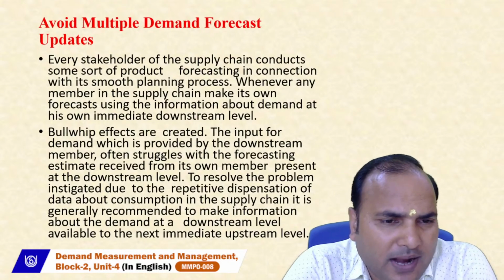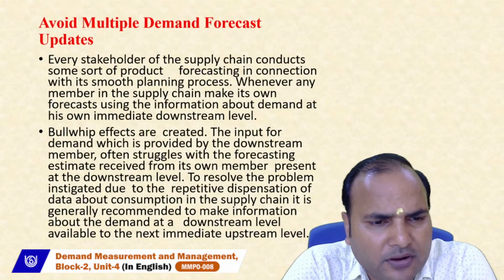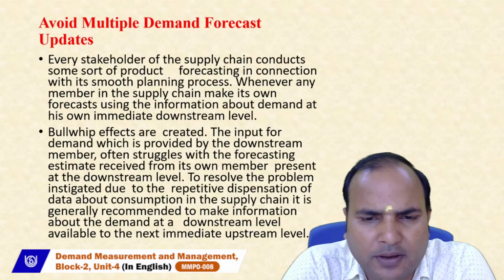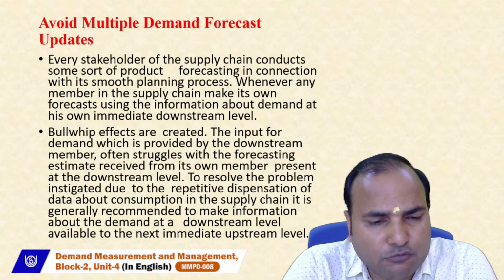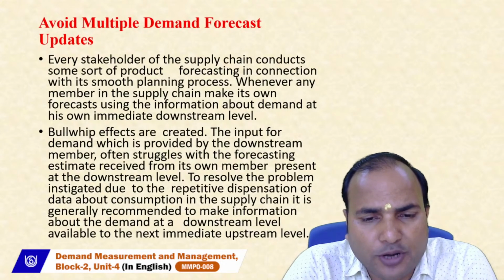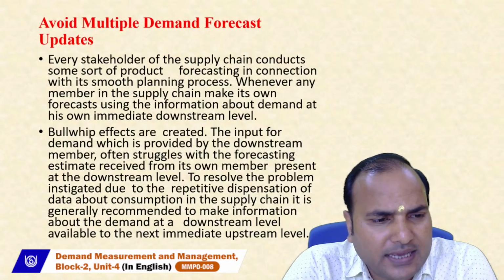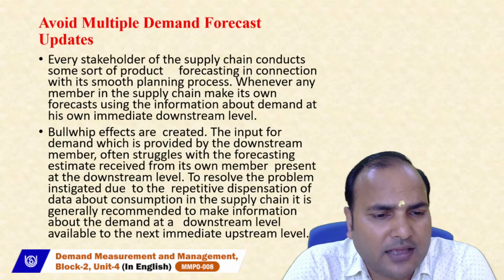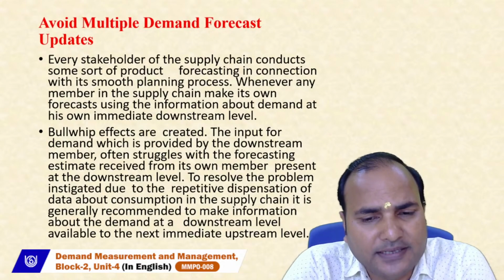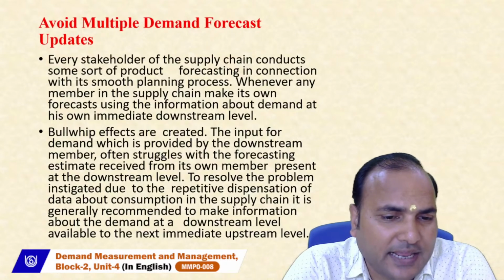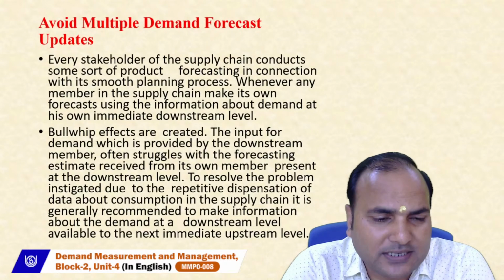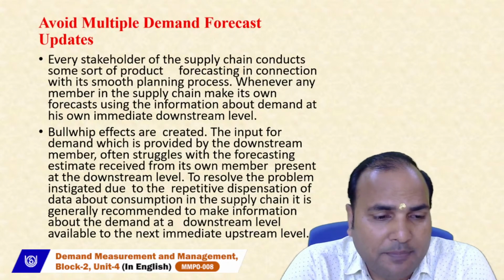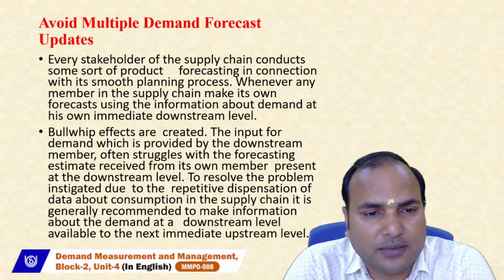The input for the demand which is provided by the downstream member often conflicts with the forecasting estimate received from its own member present at the downstream level. To resolve the problem instigated due to the repetitive dispensations of the data about consumption in the supply chain, it is generally recommended to make information about the demand at a downstream level available to the next immediate upstream level.